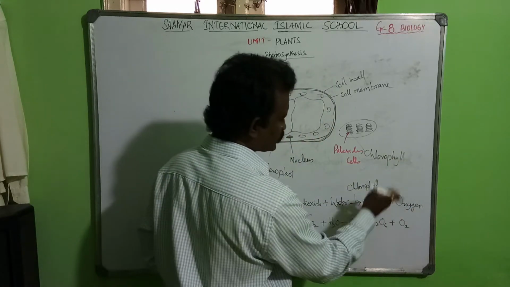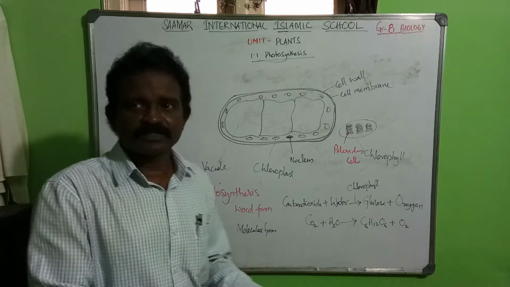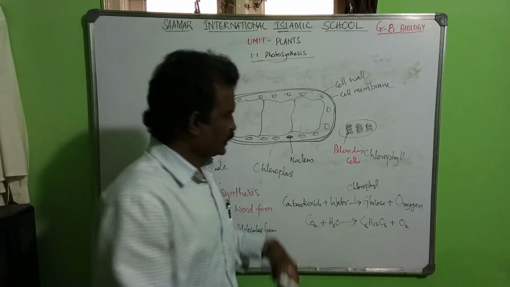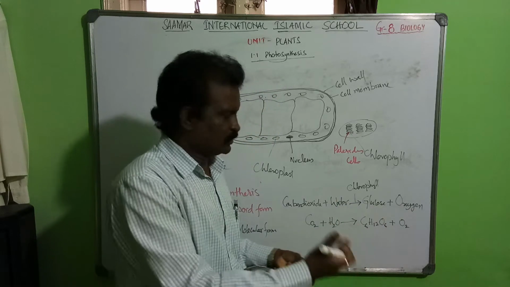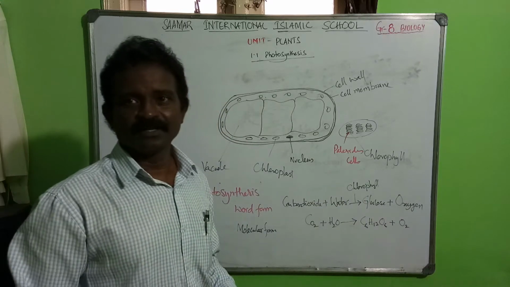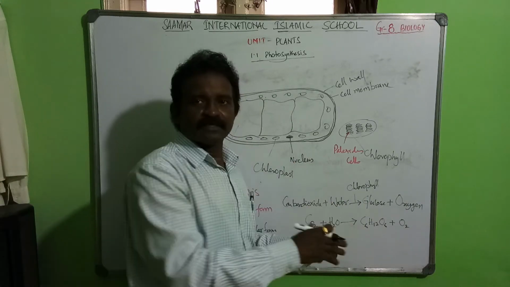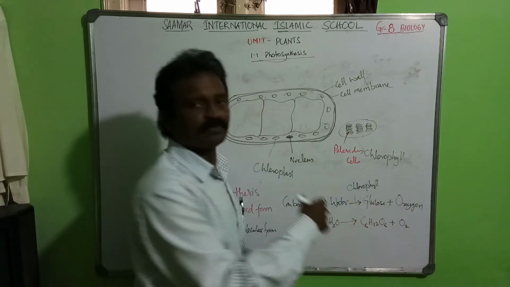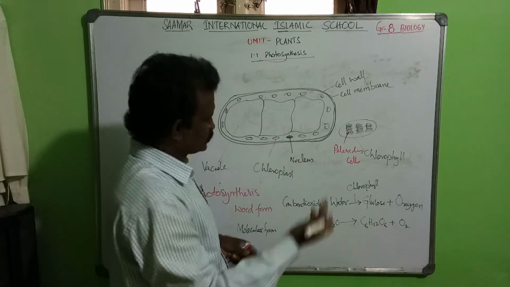So when the plant is manufacturing, it manufactures more glucose, and whatever it has to utilize, it will utilize, and the rest will be stored also. How does it store? Glucose is soluble in water. If it is stored as glucose like that, the glucose will get dissolved. So the glucose gets converted to starch. Starch is insoluble. Is it clear?